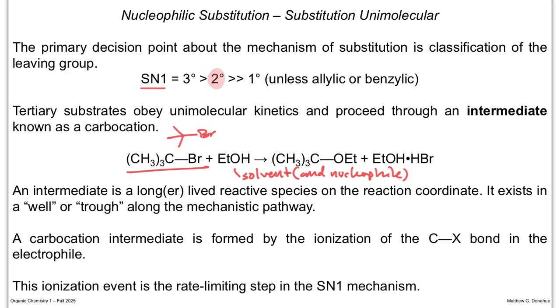So ethanol is both the solvent and the nucleophile. So the bromine's the leaving group. It's going to leave, and it's then substituted for this O-ethyl. So here's the leaving group, and it's undergone a substitution. So the new functional group that we've formed is an ether.